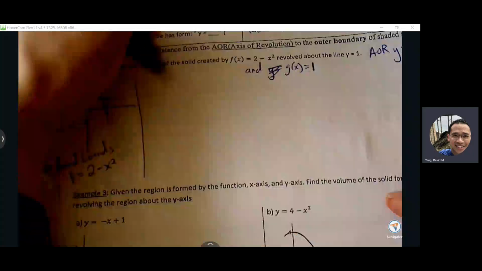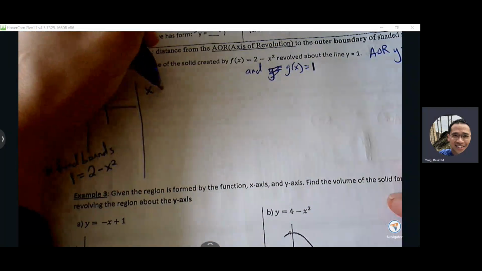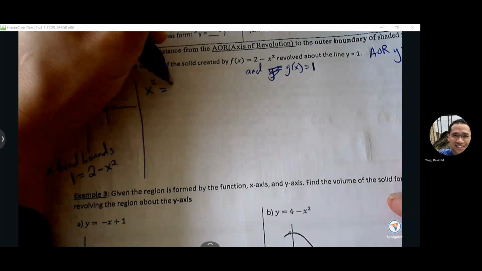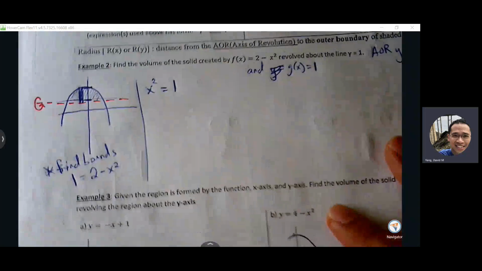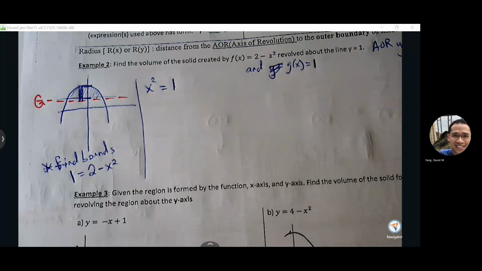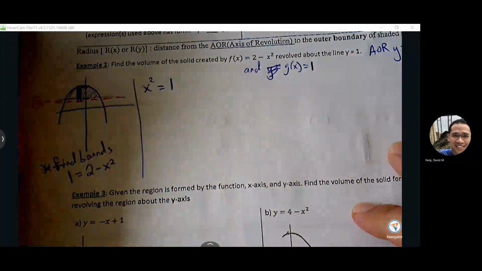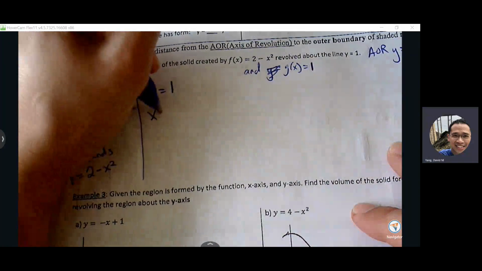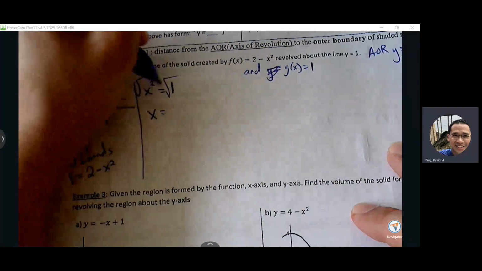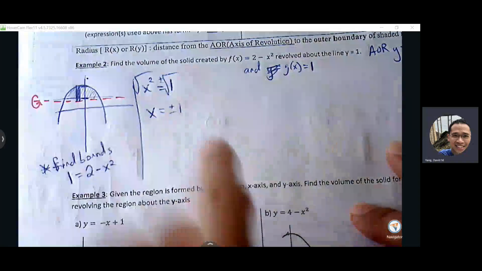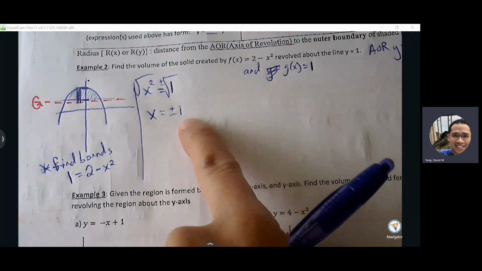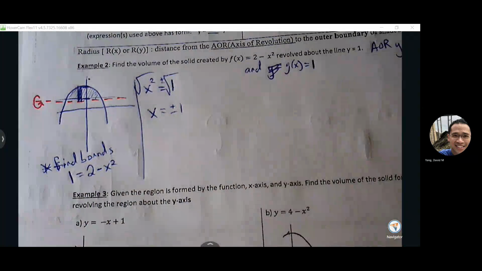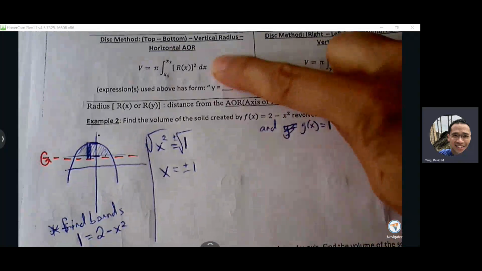All right, so I'll move the x squared over to the left, subtract 1 from both sides. 2 minus 1 is 1. Next up, do what? Take the square root to solve for x. So x equals what? Plus or minus 1. So we have our left and right bounds sitting here, right? -1 to 1. And we're just following this step by step.